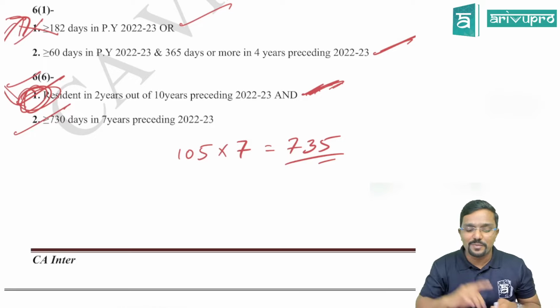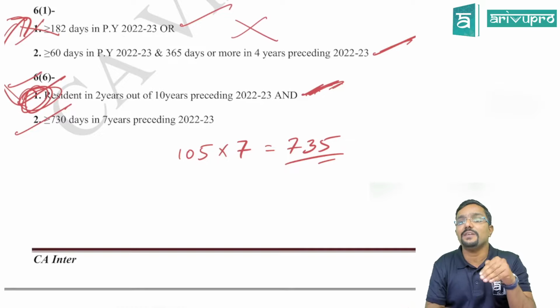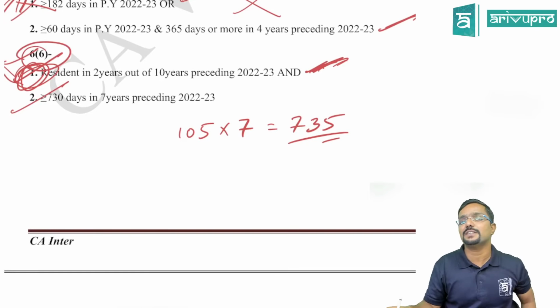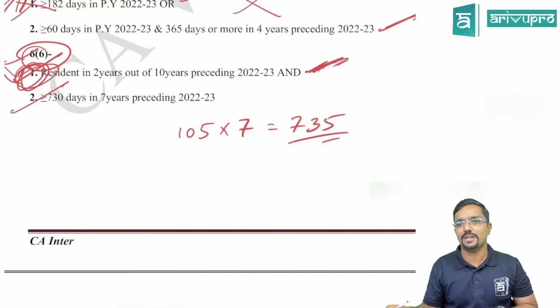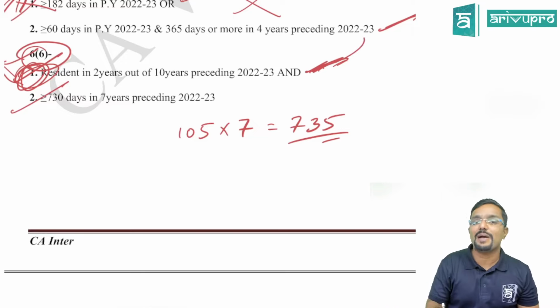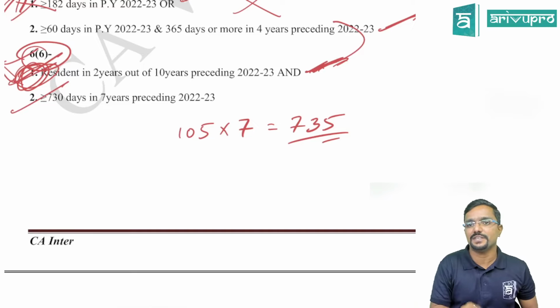So for that purpose, we don't care whether he satisfied these two conditions in previous year. What is important for us is whether he satisfied both the conditions given under section 6.6. But now as number of days scenario is given, we have to refer back to 6.1 to check whether he is satisfying this first condition, only for that purpose.